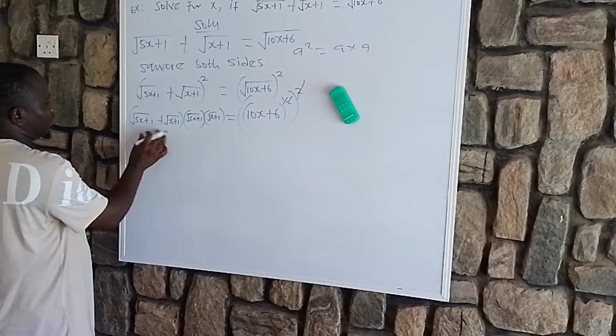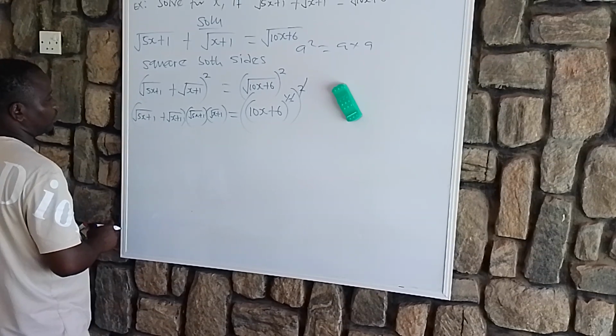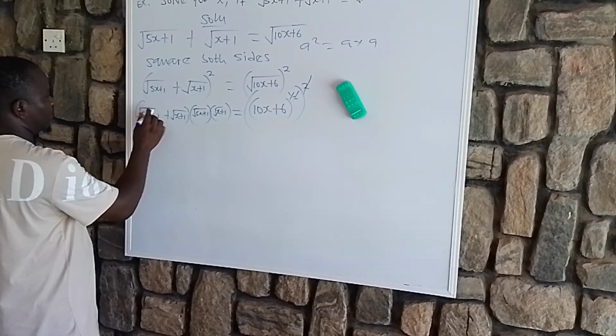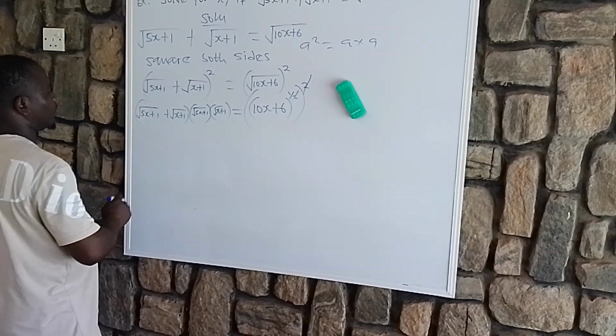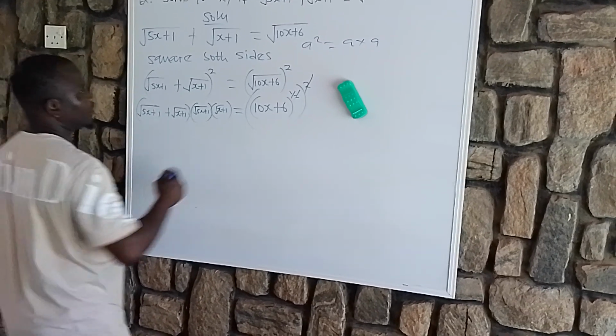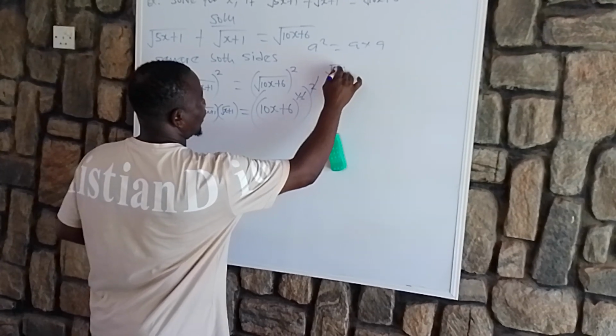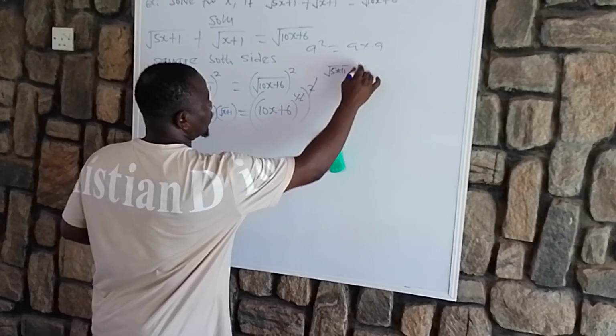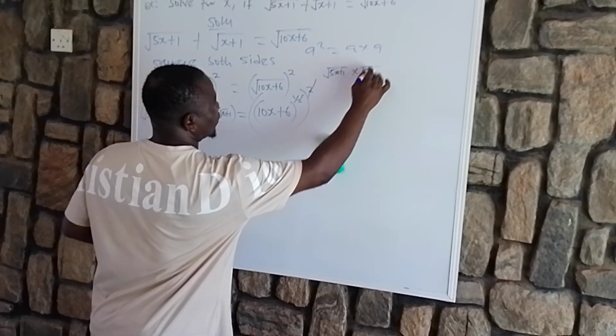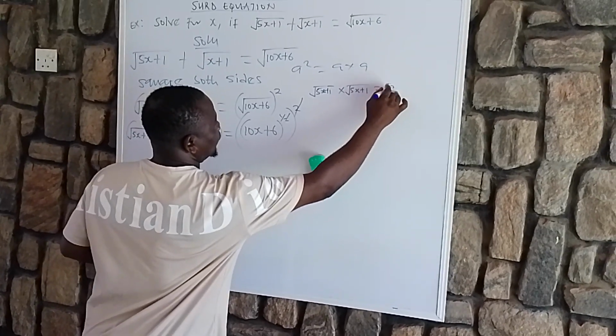Now the left hand side, we are going to multiply out these two brackets. How? This one times this will give us, we apply surds here. Take note that if we have root 5x plus 1 times root 5x plus 1, this is the same thing as 5x plus 1.